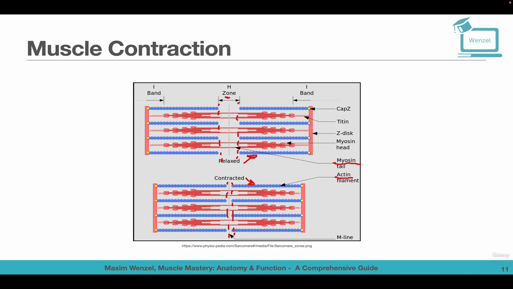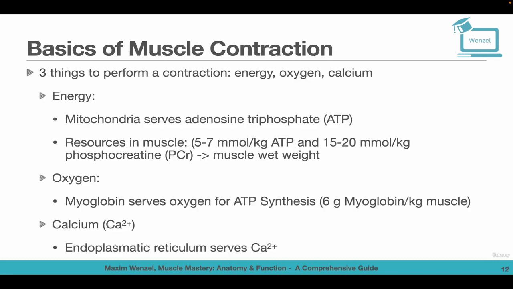And in the next part, I want to tell you how a contraction really works and what you need for a contraction. So the basics of muscle contraction: you need three things to perform a contraction. Of course, you will need energy and you will need calcium. Many people don't think about calcium, but it's so important to have calcium to perform contraction.